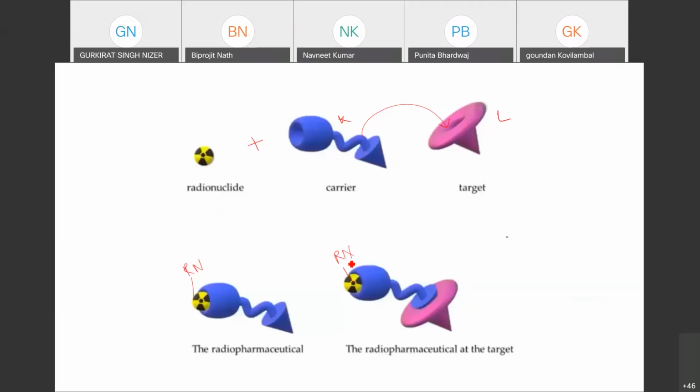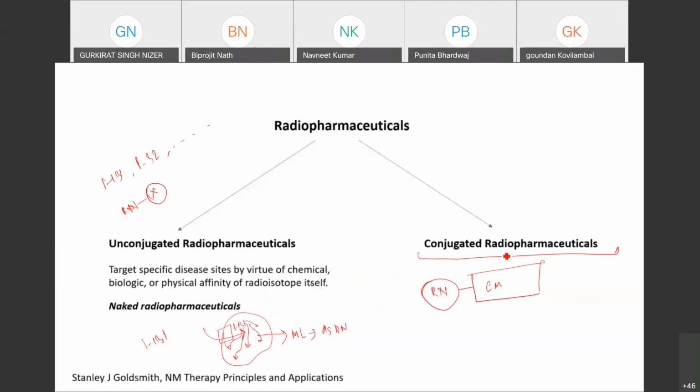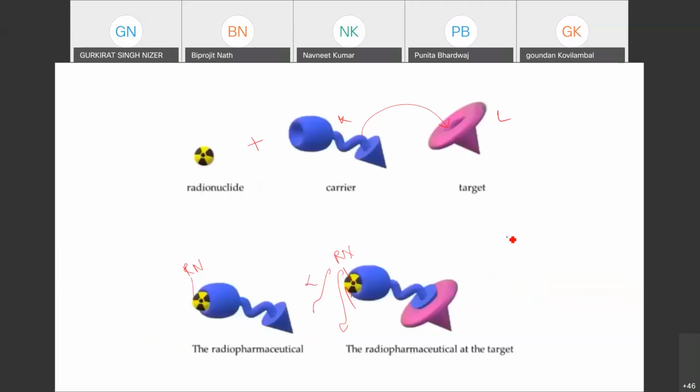And this nuclide decays by beta or alpha, and it kills or damages the tumor cell or whatever it be. That's how these conjugated radiopharmaceuticals work. So that works in conjunction with a small molecule, peptide, antibody, or anything else, whatever you wish to check with it.